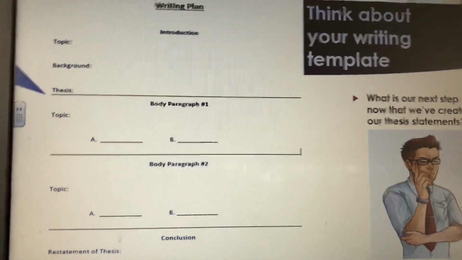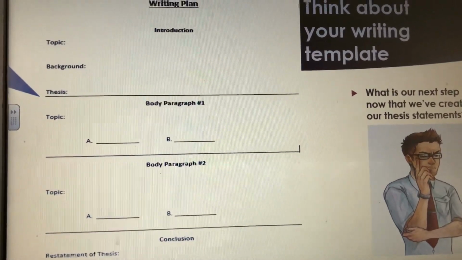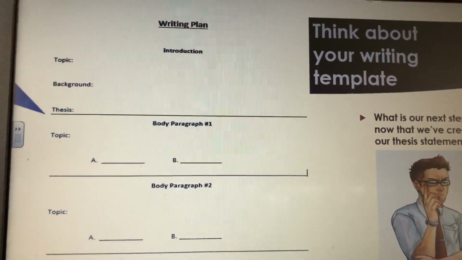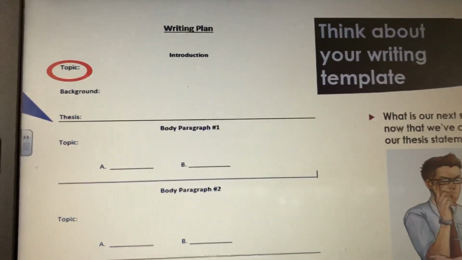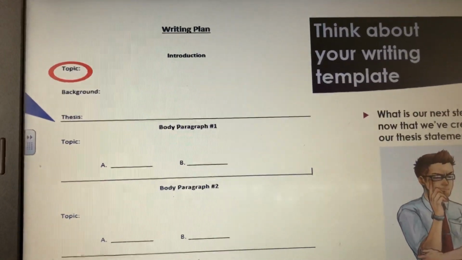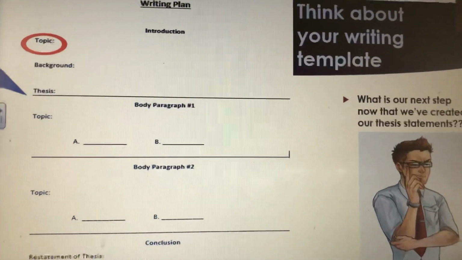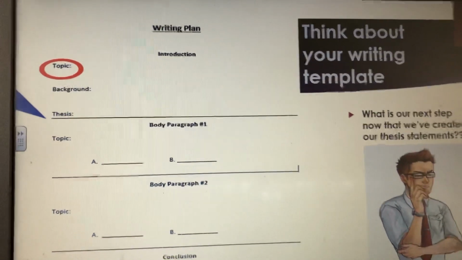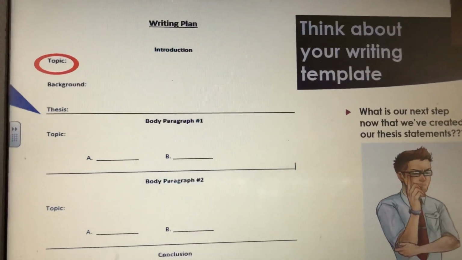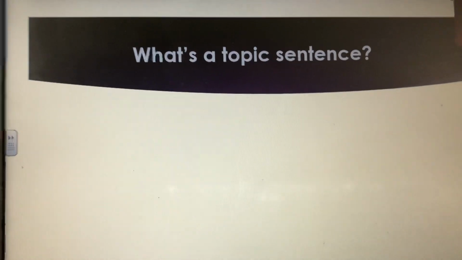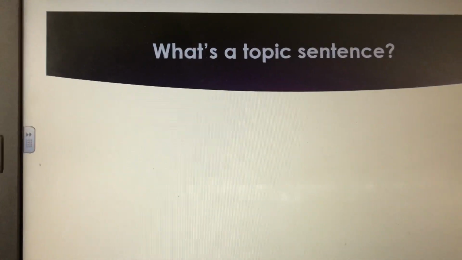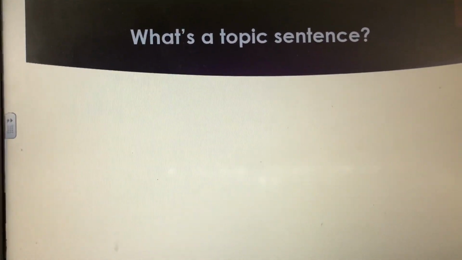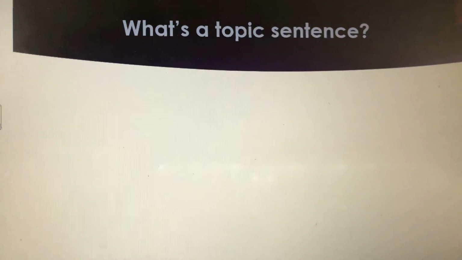We always talked in class about how the very first step, which was kind of out of order, was to create our thesis. So our next step was to create a topic sentence. If you said topic sentence, give yourselves 3 claps, 2 stomps, and a wham, bam, thank you, ma'am. Topic sentence is next. Now, just in case you cannot remember, let's look at what a topic sentence is.